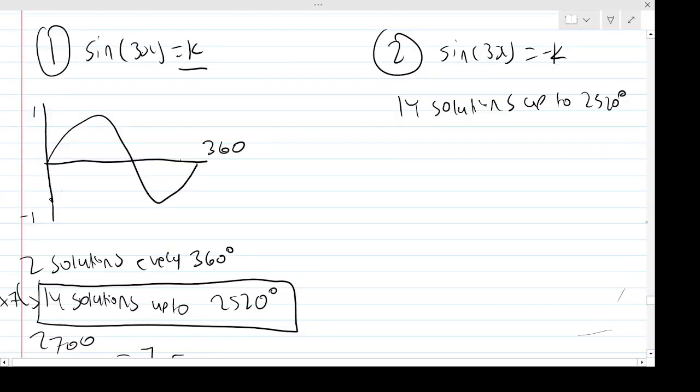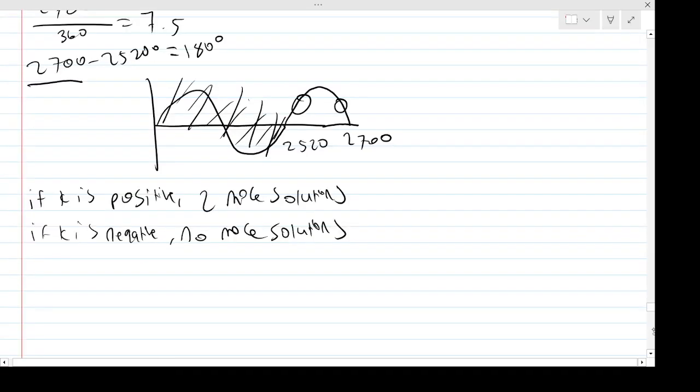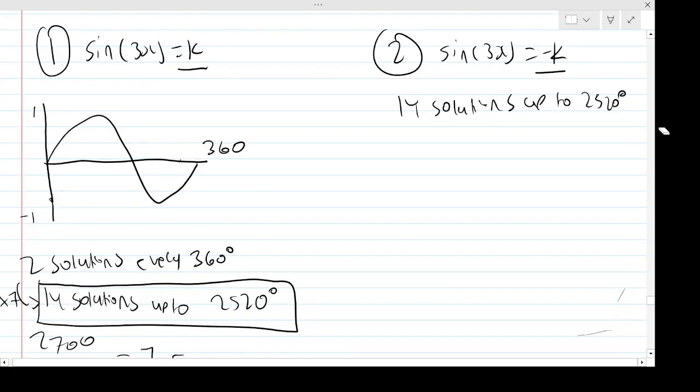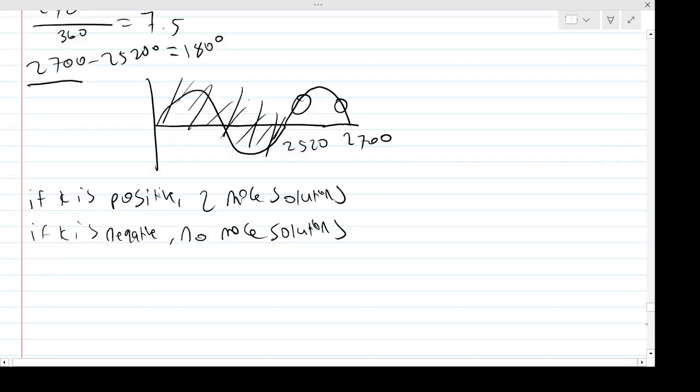we got plus k and minus k. So what's going on then is actually, in one case, k is positive, right? Because it's equal to k. In the other case, k is negative. So actually, we've got a situation. In one case, k is positive, so we get two solutions extra, and if k is negative, we get no more.